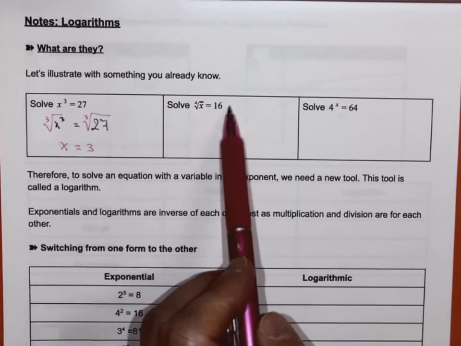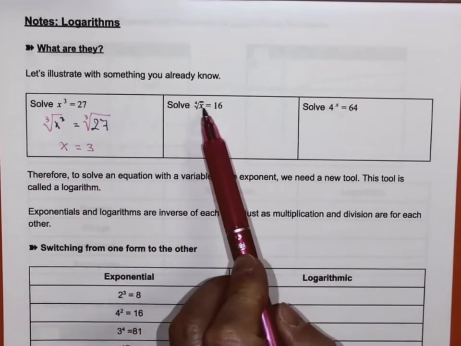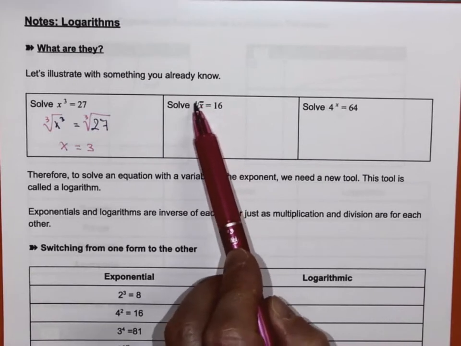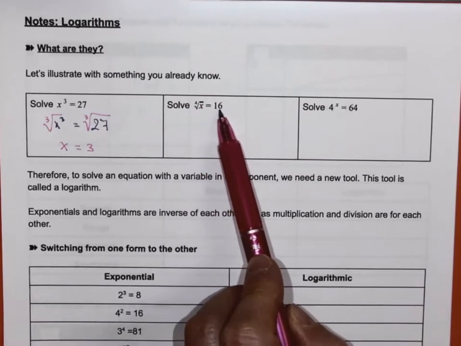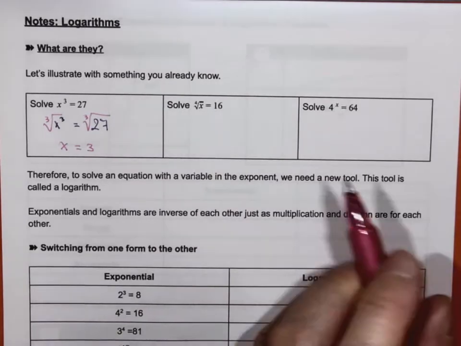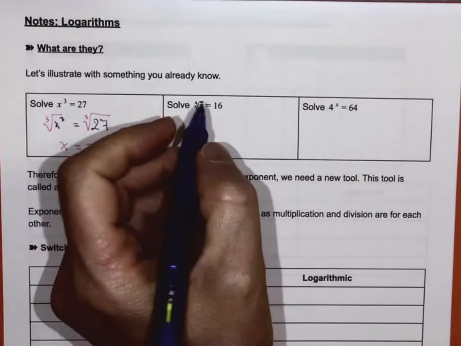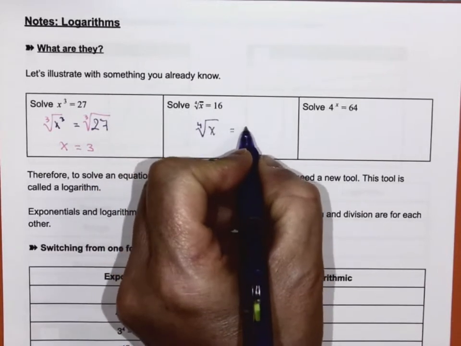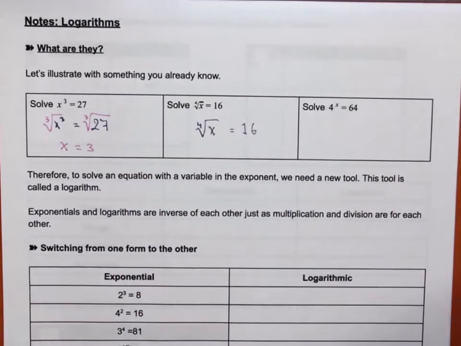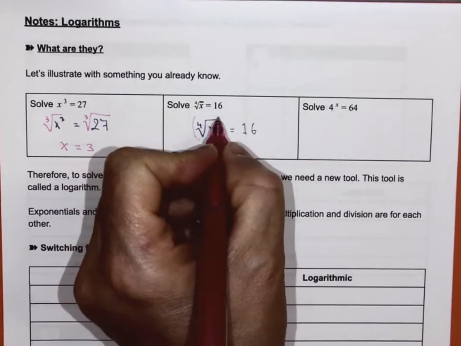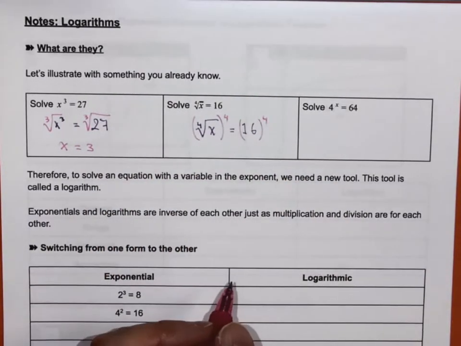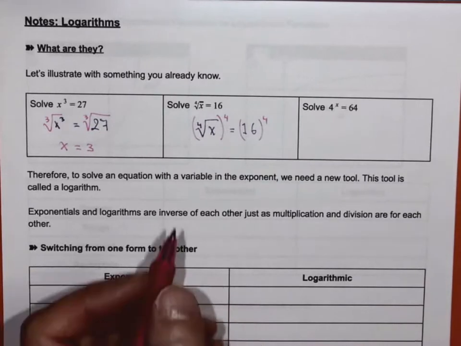So what if I solve something like that? Here my variable is a radicand. It's inside a root. And that's a fourth root of x, and it's equal to 16. So how do I undo a fourth root? Well, you're going to undo a fourth root by taking it to the fourth power, because those two operations are inverses of each other. They're undoing each other, right?